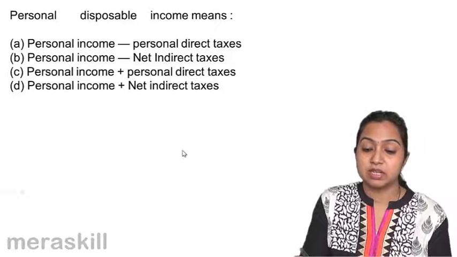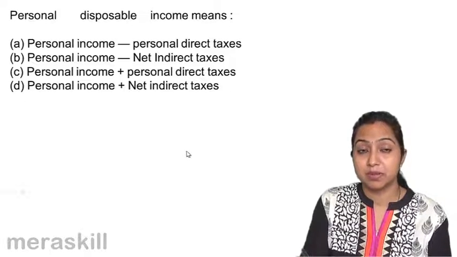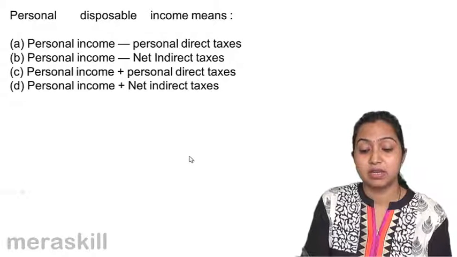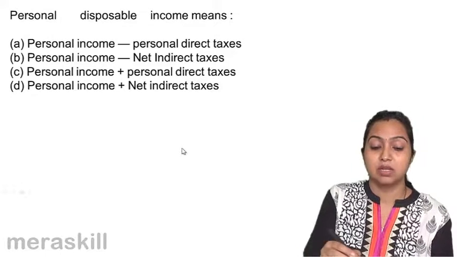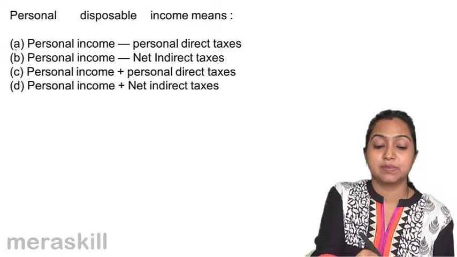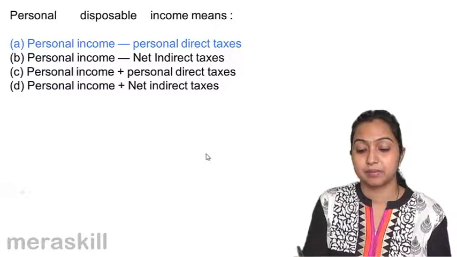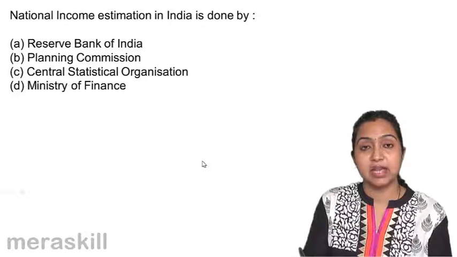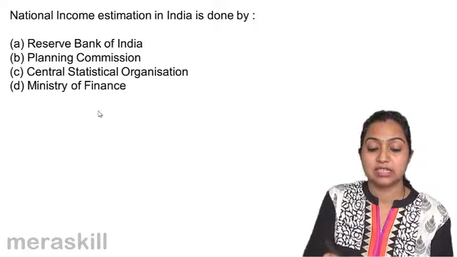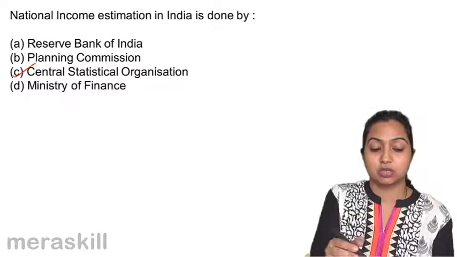Personal disposable income means personal income minus direct taxes. From personal income you take away direct taxes, you arrive at the disposable income, or the income that you can spend. National income estimation in India is done by CSO, the Central Statistical Organization.